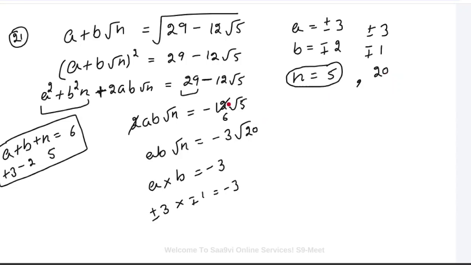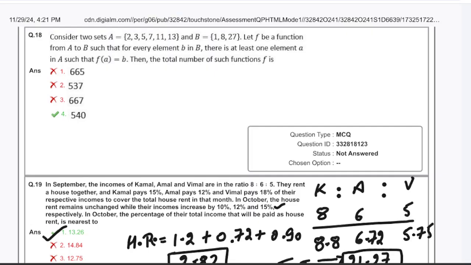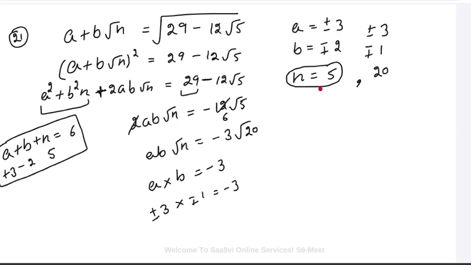But again, a catch. They mentioned that this is a positive square root. Now if I put the value of a plus b root n, if I try to take a as 3, b as minus 1, and root n as 20, the answer is going to be negative, because minus root 20, that is 4 point something, approximately 4.45.